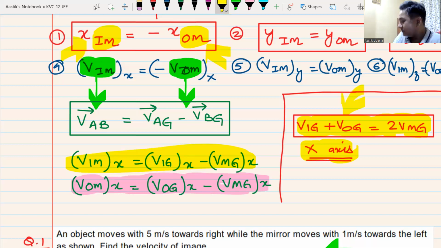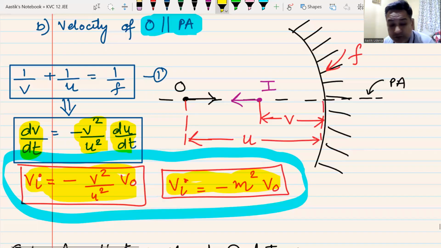I was going to tell you before attempting this question, but I thought I'll give you as an exercise so that you apply a bit of your brains to find out. The problem that I gave you had the mirror stationary. Now the mirror starts to move.